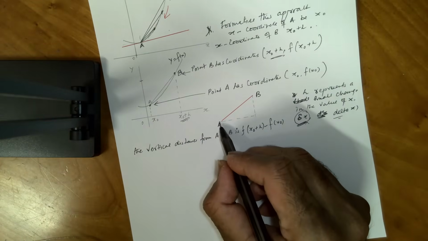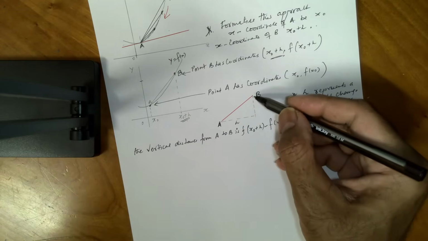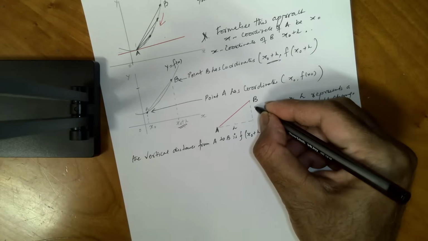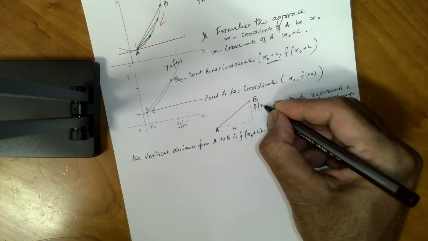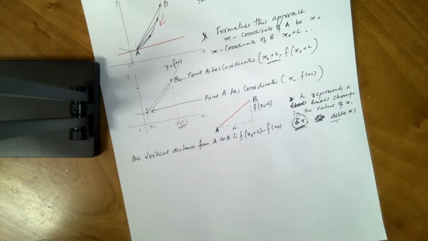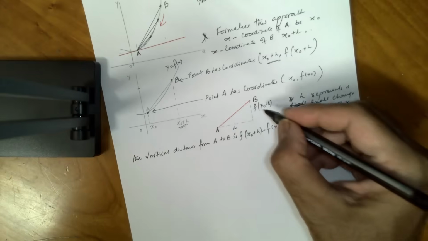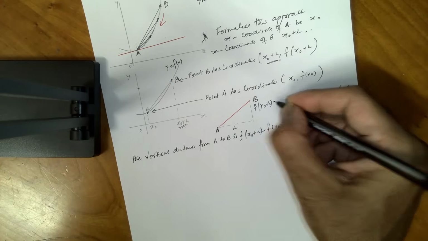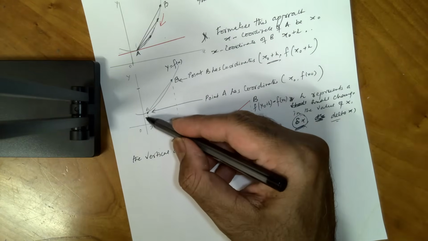So this distance here, A to here, is let's say h. Then this one here, that is your vertical one, that is your f of xo plus h, and then minus f of xo, because you have to subtract this distance as well.